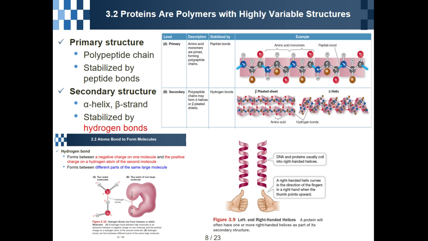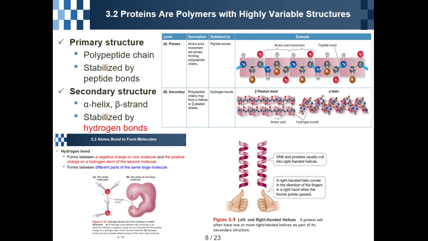Secondary structure is composed of the alpha helix and the beta strand. Each one is stabilized by hydrogen bonding between the amino group and the carbon oxygen. Usually the alpha helix is right-handed, not left-handed.